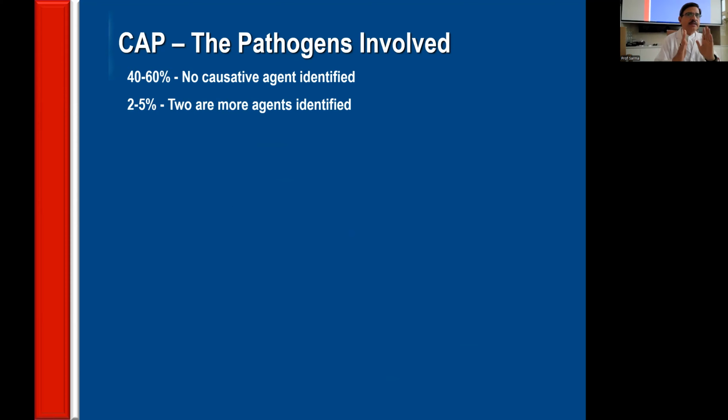The guidelines say cultures are only of academic interest. You don't have to do them in community acquired pneumonia. You have to use empiric antibiotics. That is the guideline today. Empiric antibiotic means we don't require to know the spectrum; depending on the situation, they will give broad spectrum coverage.